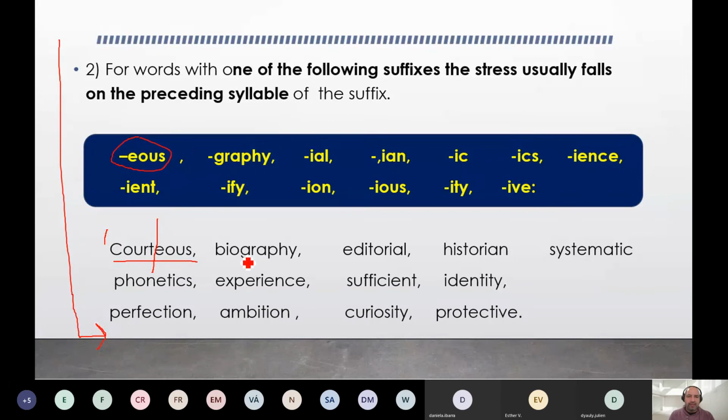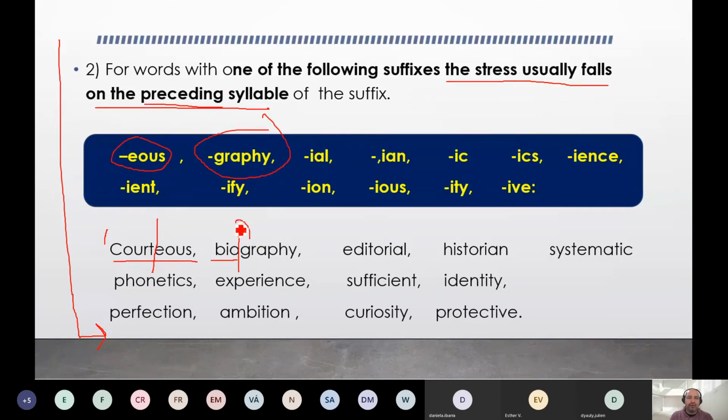In biography, we take the second example here, the second suffix. That's a suffix, and we have this, which is the root. Biography. So the rule says that whenever you attach any of these suffixes, the stress usually falls on the preceding syllable. Preceding means the one before.